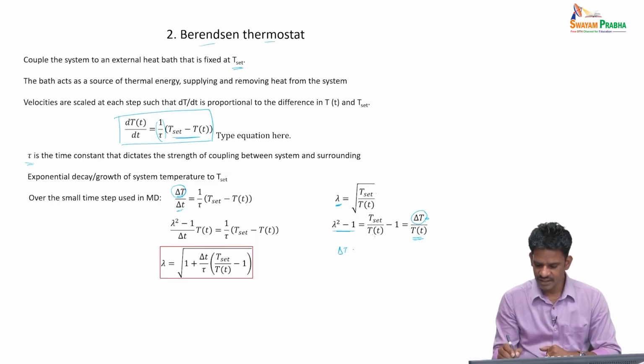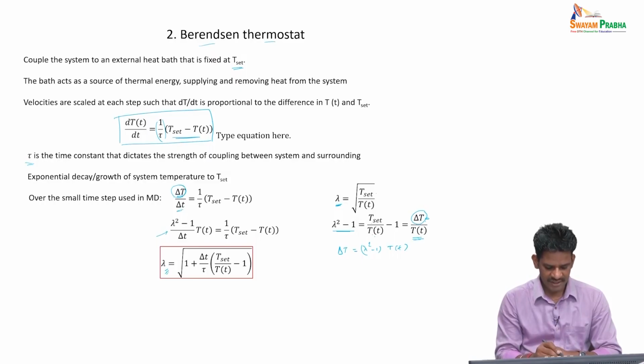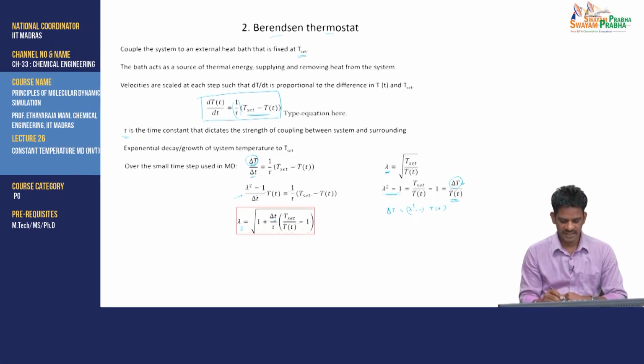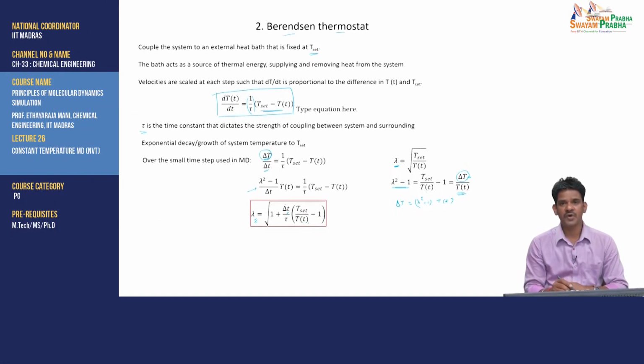So now for delta T, we substitute from this expression. Delta T here becomes lambda square minus 1 times T of t, and this is substituted here, and then we solve for the scaling factor lambda. You can see this lambda has become a function of the time step, the ratio between the set temperature and current temperature, and more importantly the coupling constant called tau. So depending upon the value of tau, the lambda will be adjusted.